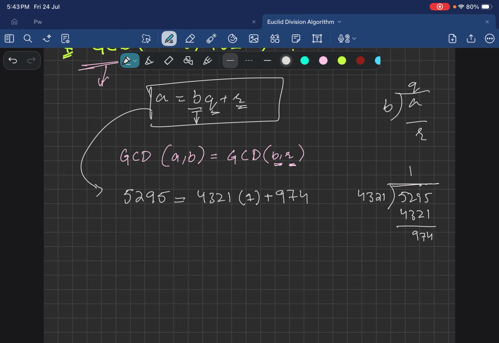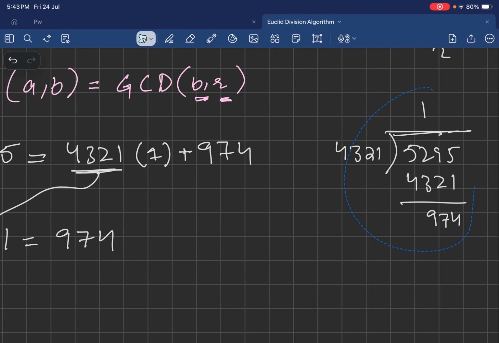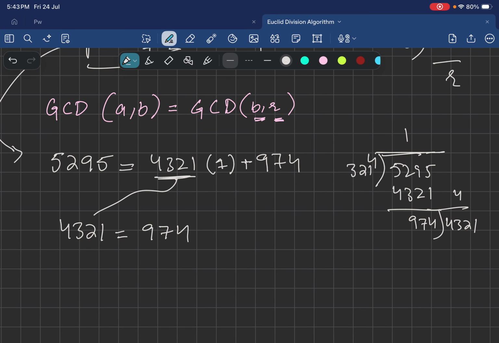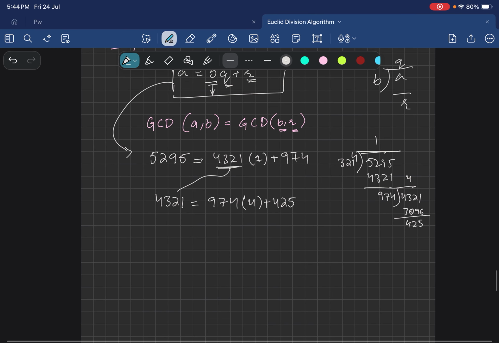And now our remainder becomes the divisor. 974 would now divide 4321, and if you multiply it by 4, 974 into 4 is 3896, which gives you a remainder of 425. So you could write it as 4 plus 425, right?